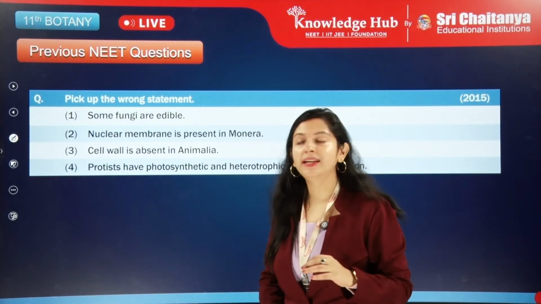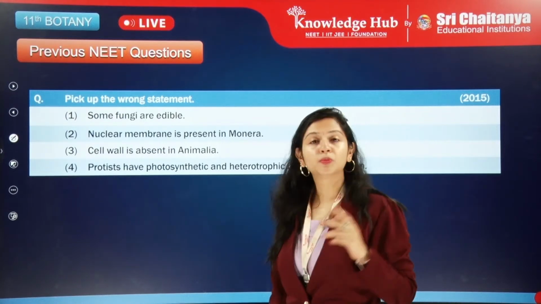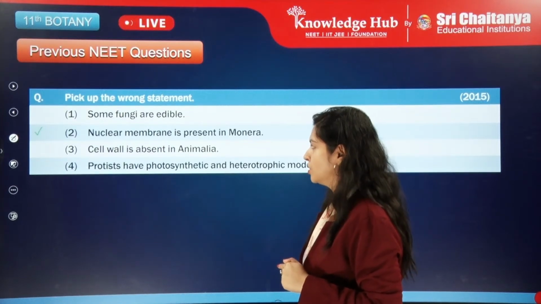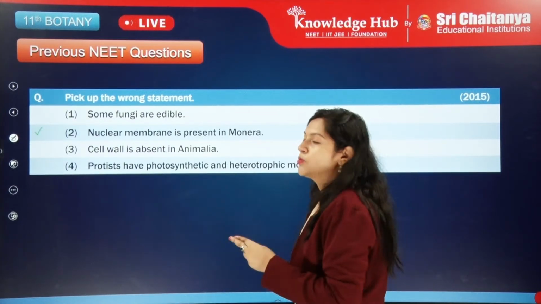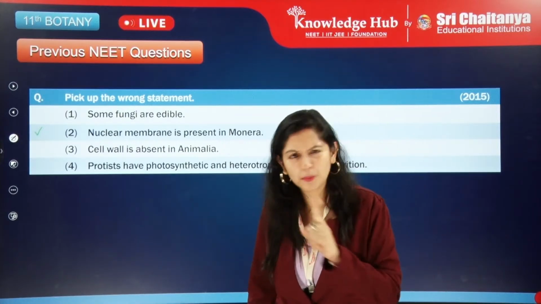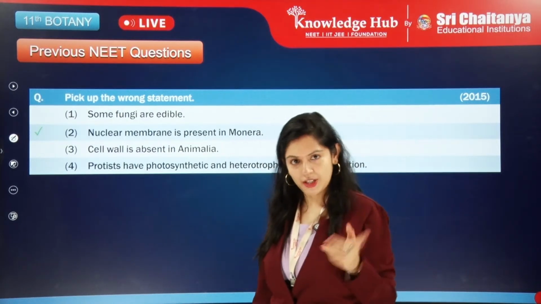Cell wall is absent in Animalia. And protists have photosynthetic and heterotrophic modes of nutrition. The correct answer is option number 2, which says the nuclear membrane is present. It is not present, it is absent in Monera. I hope you are very clear by this time, right?